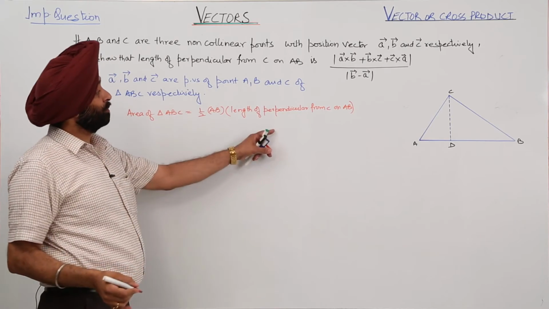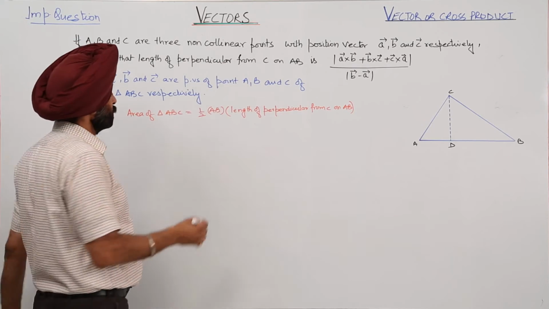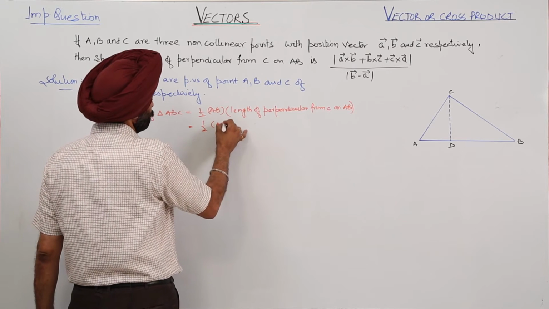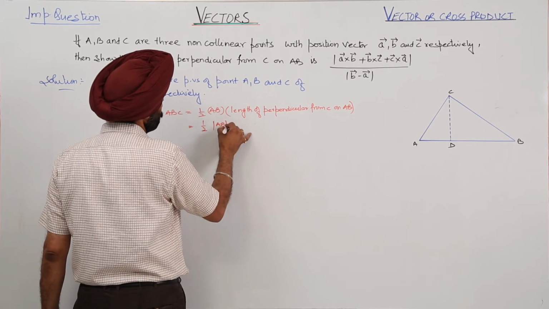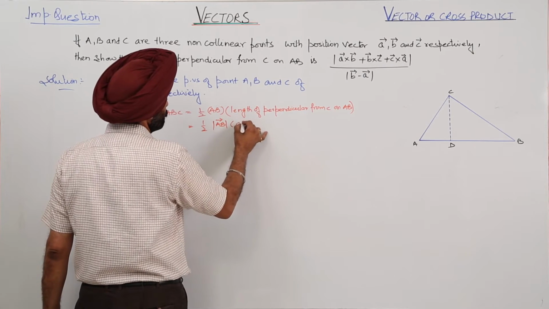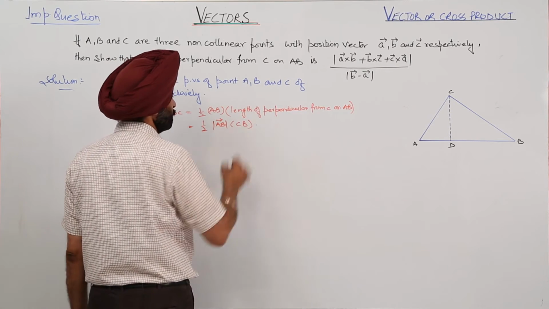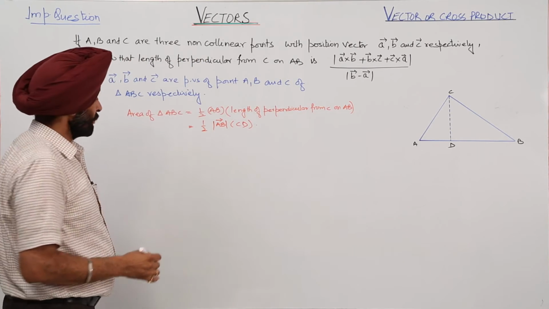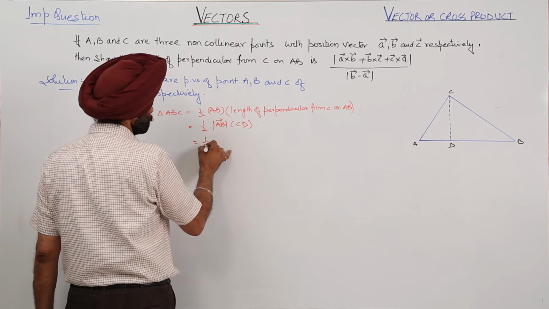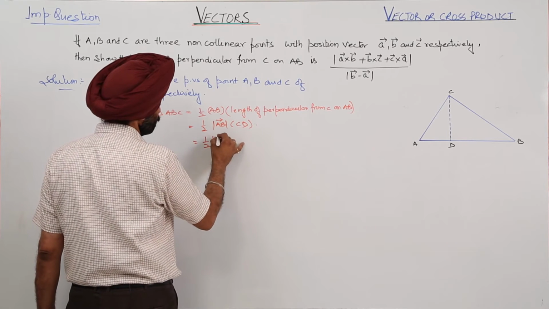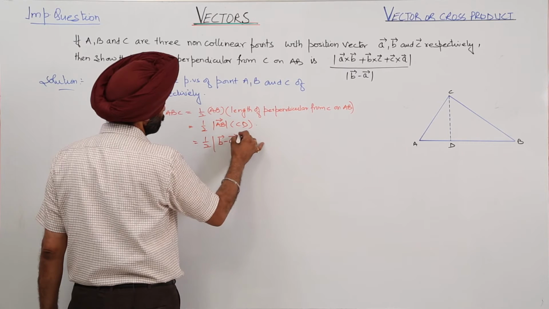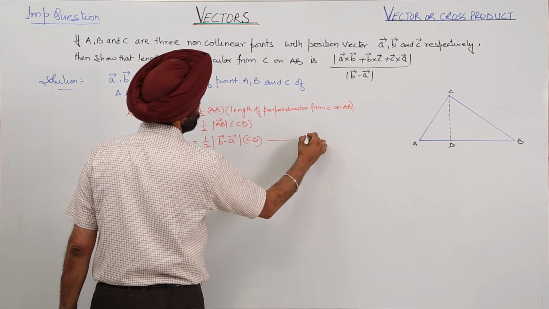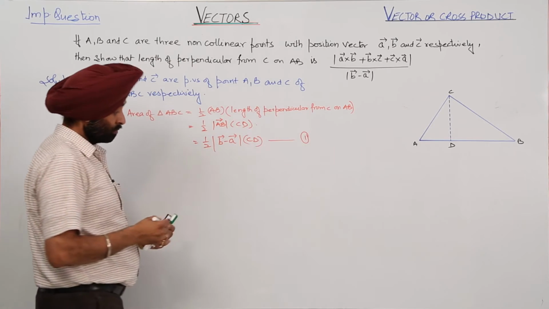I have written this statement because it is in the question itself. So directly we can write it as half times vector AB with CD, or position vector of B minus position vector of A with CD. Now this is equation 1.